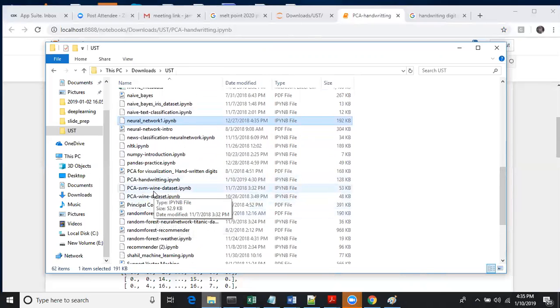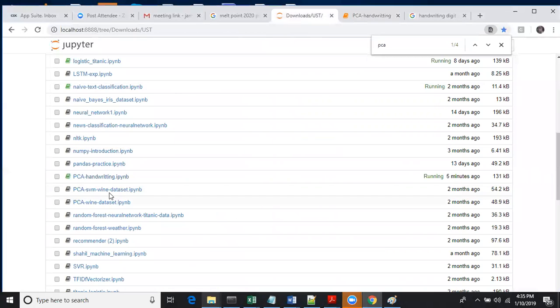PCA's job is to reduce the dimension, and then we use algorithms. PCA itself is an unsupervised algorithm because it doesn't work on predicting or classifying anything. This is one example, but we will use it after we understand this data.